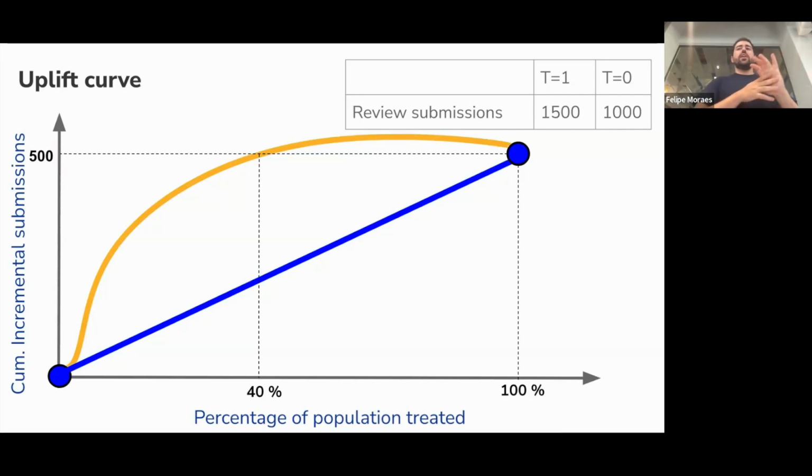Like an area under the ROC curve, we prefer that it's better than random. And the intuition here is that in the beginning, you sorted the instances or the people here in this case by how much effect they have. So in the beginning, you hope to have a bigger increase, and then it kind of plateaus.